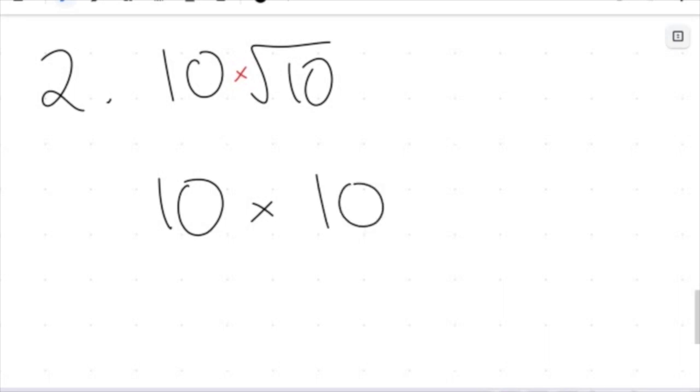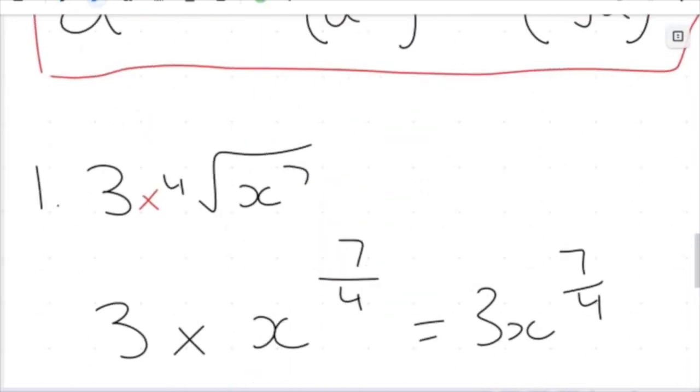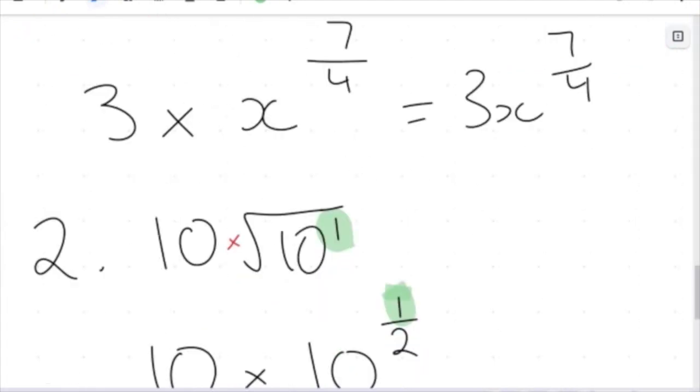I can write this as 10 to the power of 1 over 2. There's a 2 on the denominator because we're taking the square root of 10, and there's a 1 on the numerator because there's no actual power, there's no non-1 power up here. It's just 10 to the power of 1. So that still goes on the numerator, like in the previous question.